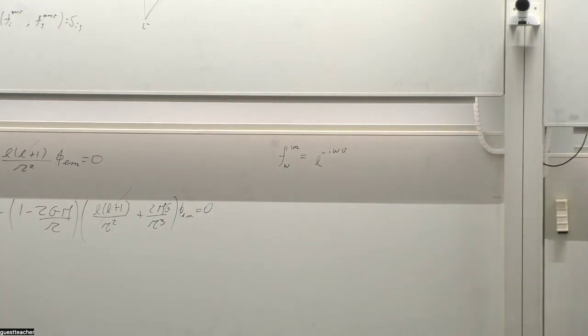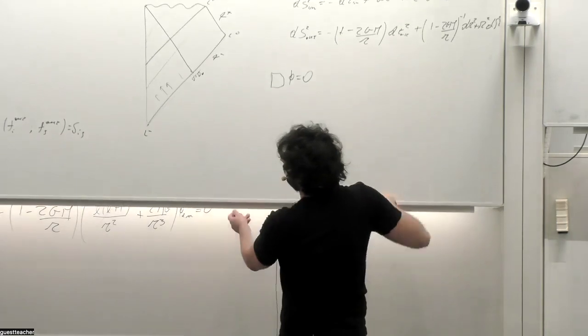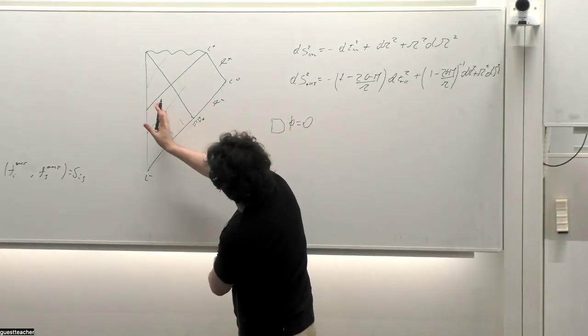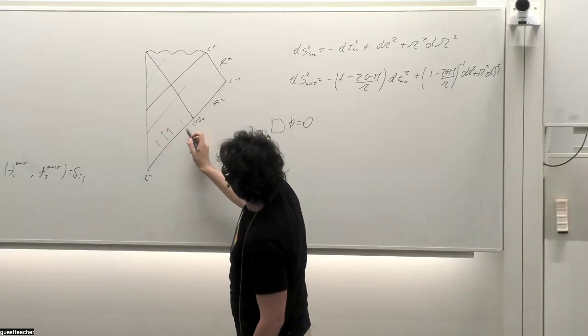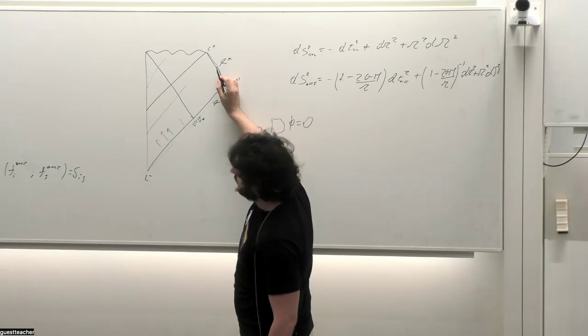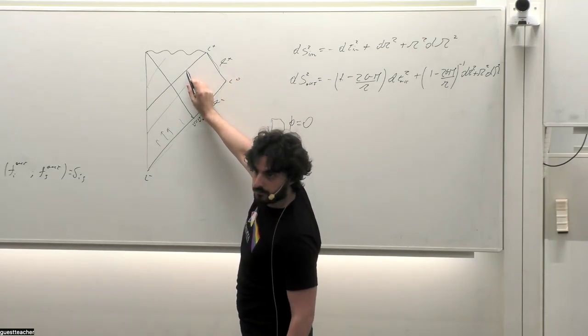What are the out modes? As I said, the out modes should include, if I want a full base, not only the left-going modes from Scri minus. I should get the right-going modes on Scri plus and the left-going modes at the horizon. At the horizon, I don't know how to write them.